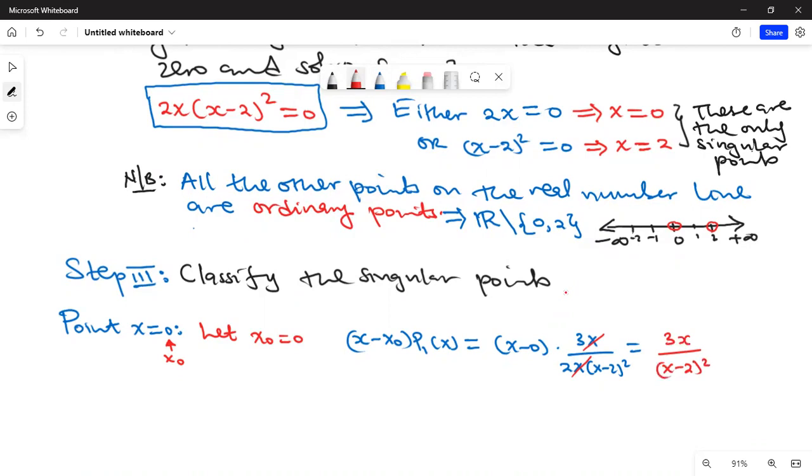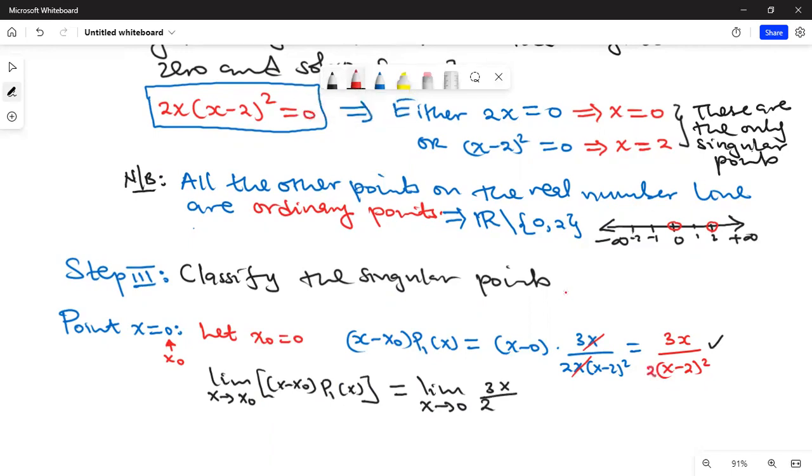So I need to find the limit of that function. So limit as x approaches 0, of course x naught, as x approaches x naught of x minus x naught times p1 of x, what will it be equal to? It is the same as limit as x approaches 0 of 3x over 2 into x minus 2 squared. There's a 2 here, I left it out.